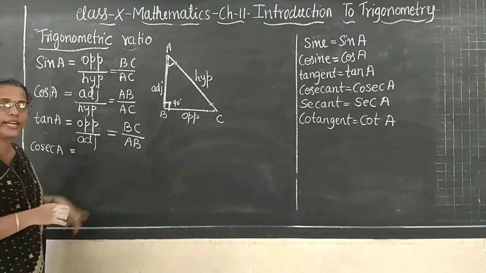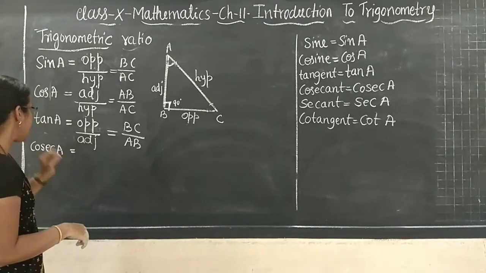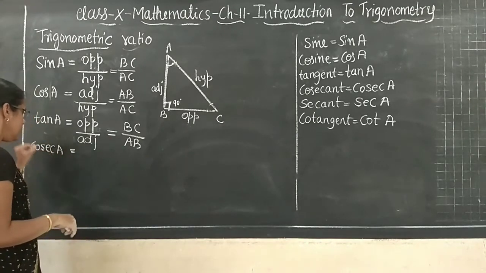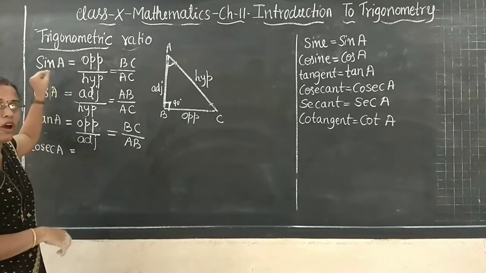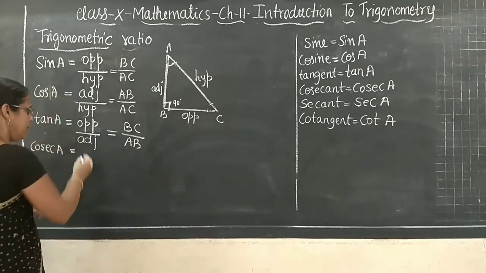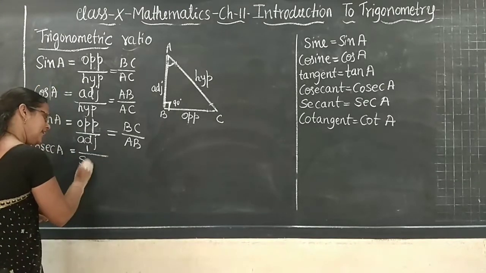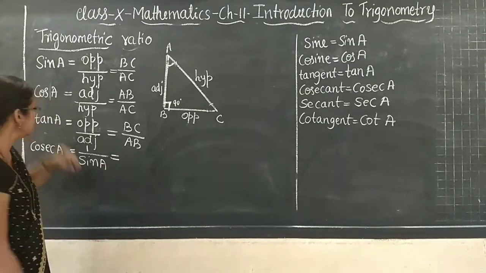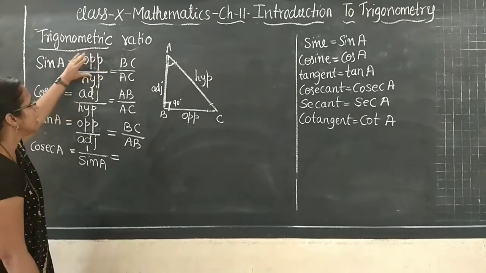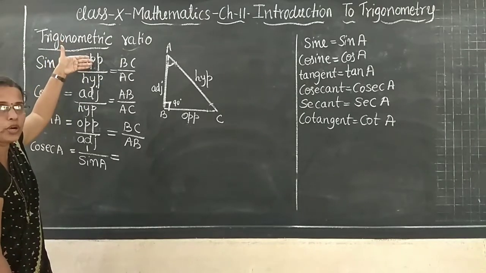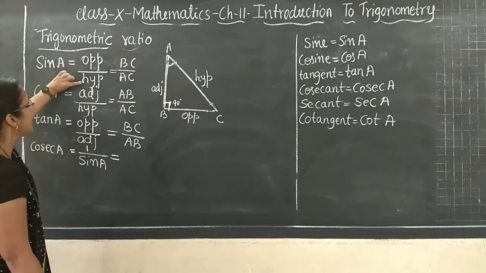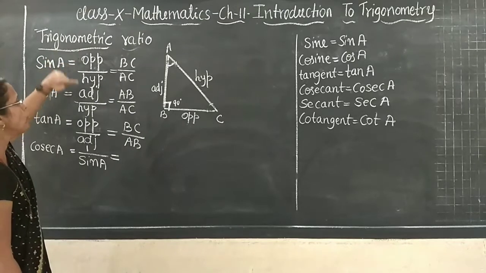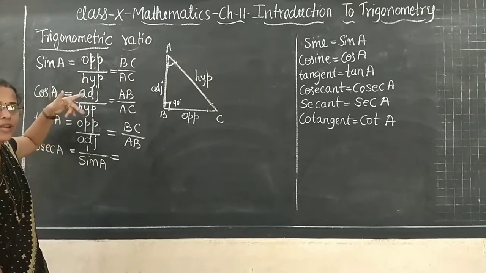Cosecant A. How to read? Cosecant A or cosec A. How to write this, children? This is just a reciprocal of sine A, means 1 by sine A. Whatever you wrote for sine, you write its reciprocal. In the sense, hypotenuse up, opposite side down. Like this you have to write.